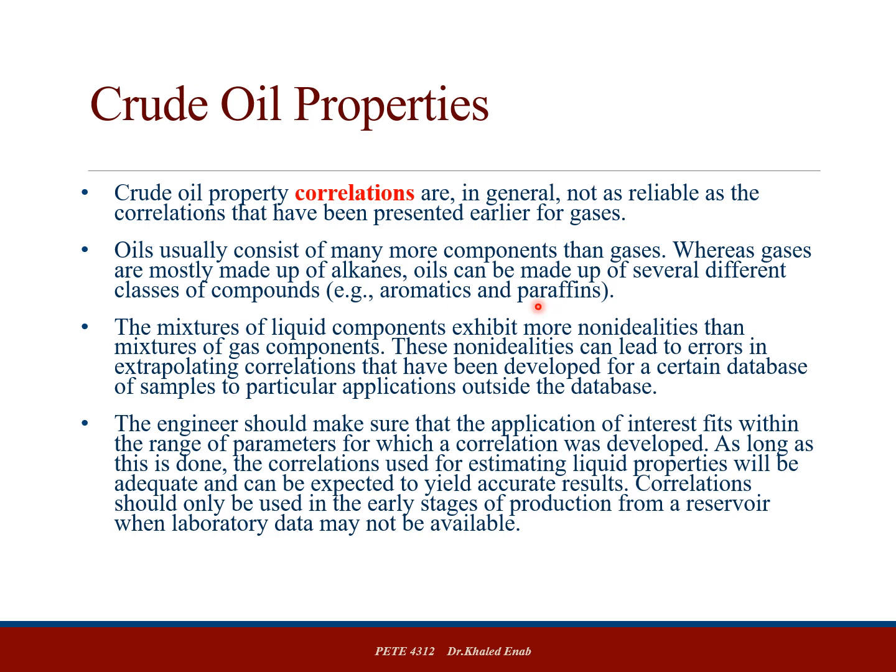When you add a third, a fourth, and more parameters, the range of validity of your correlation gets smaller and smaller. So mixtures of liquid components exhibit more non-idealities than mixtures of gas components. These non-idealities can lead to error in extrapolating correlations that have been developed for a certain database of samples to a particular application outside of the database.